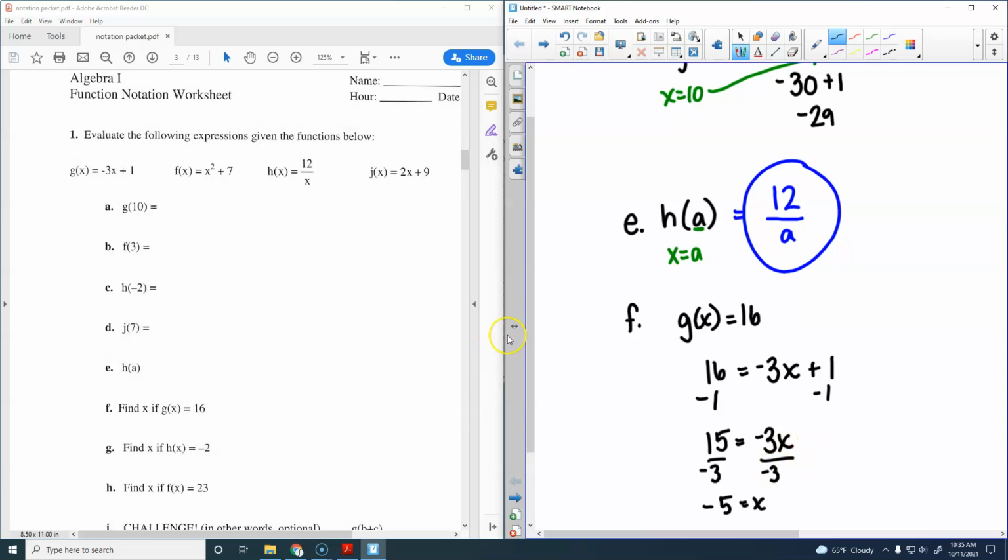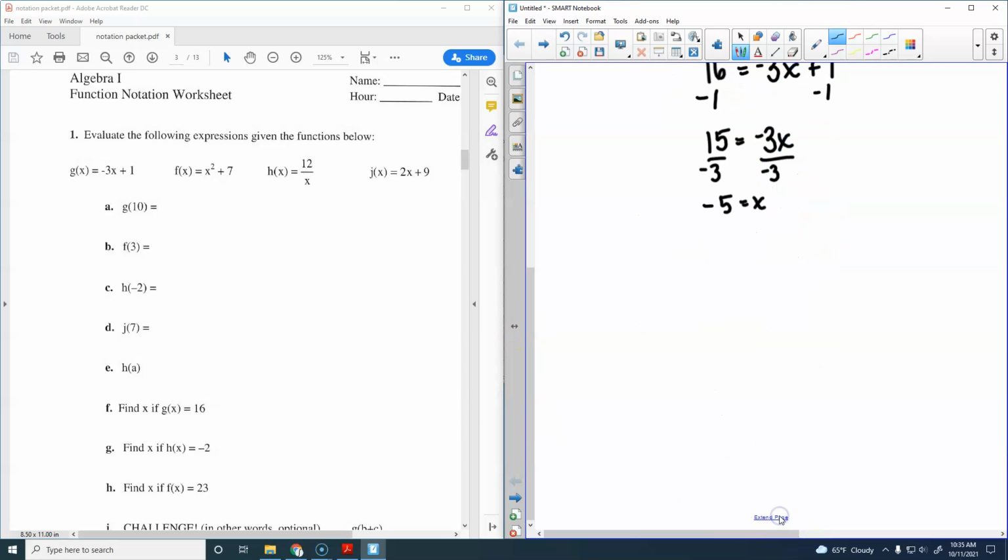Let's look at H, because H is a little bit tricky. We haven't done equations like this. It tells me f of x equals 23. So, Vince, what would I do for this if f of x equals 23? Okay? Which equation are we going to use there? Okay, good.